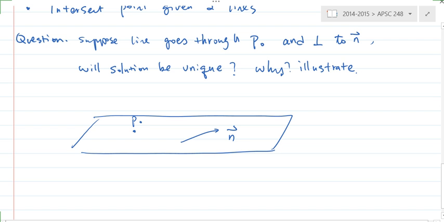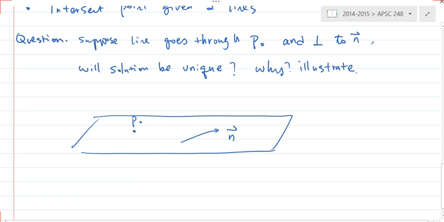As a matter of fact, when I draw this plane, will that plane be unique? That's a side question. Basically, given a point and a vector n, are you going to have a unique plane determined by a vector and a point? Think carefully here.